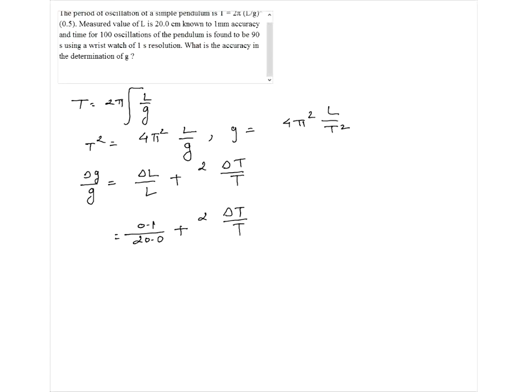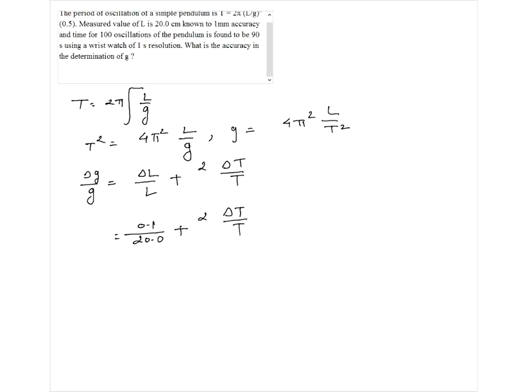One oscillation, the time the pendulum takes in one oscillation, that is capital T. But when you do this experiment in your lab, you don't calculate time for just one oscillation, but you let it oscillate several times.